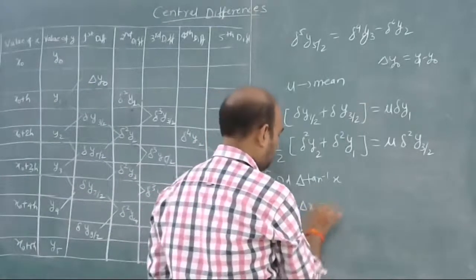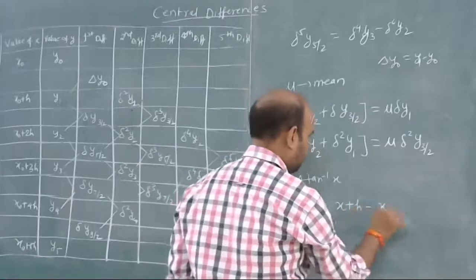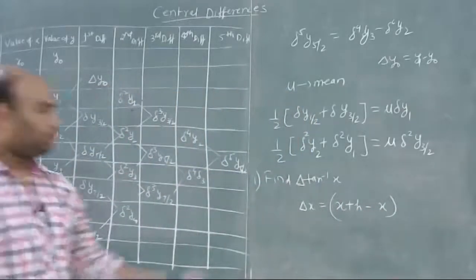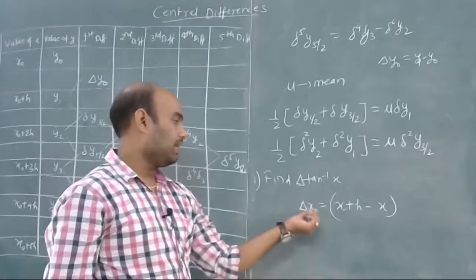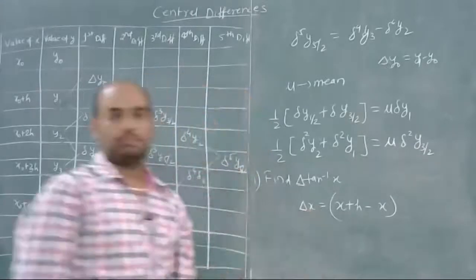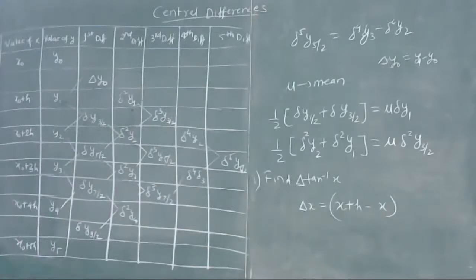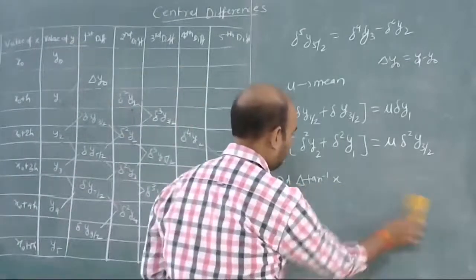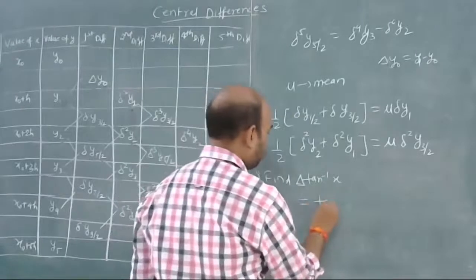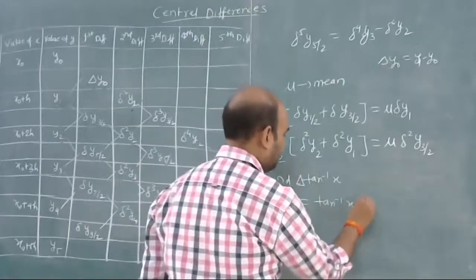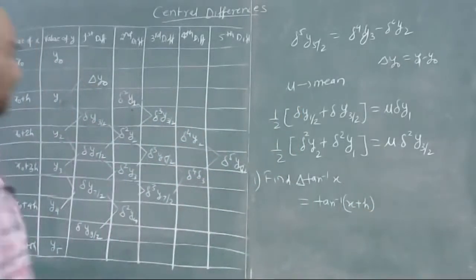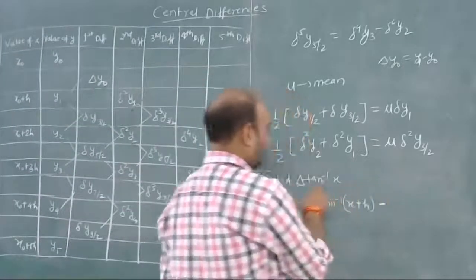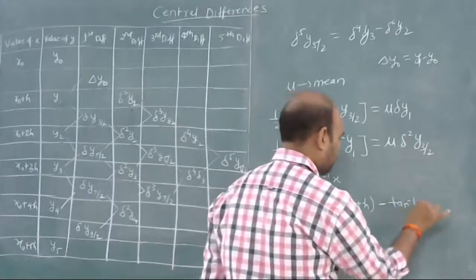So here del tan inverse x can be written as tan inverse of x incremented by h, minus the previous value of tan inverse x.